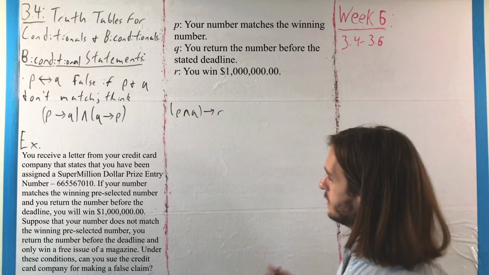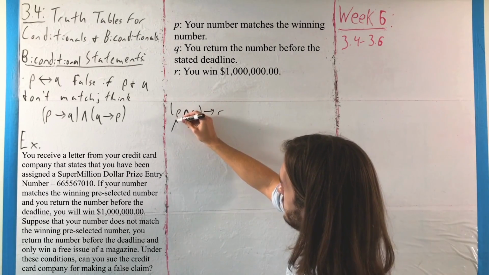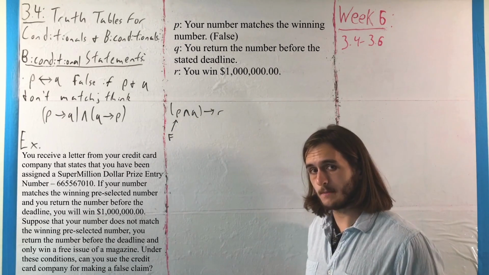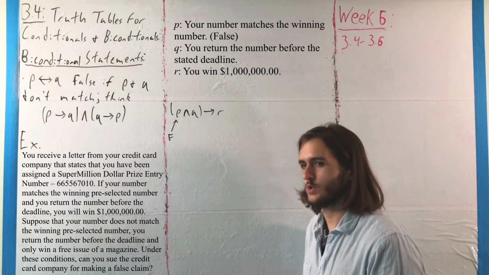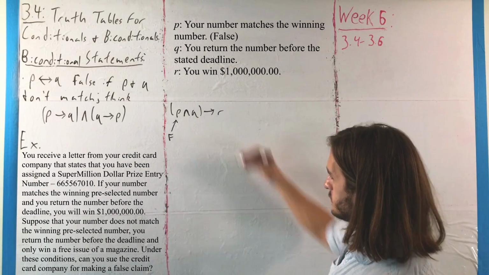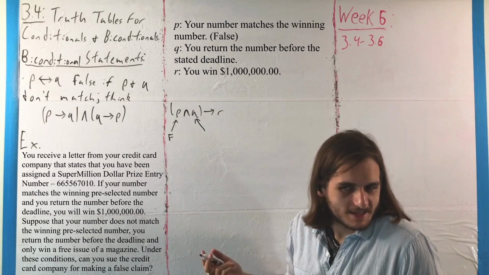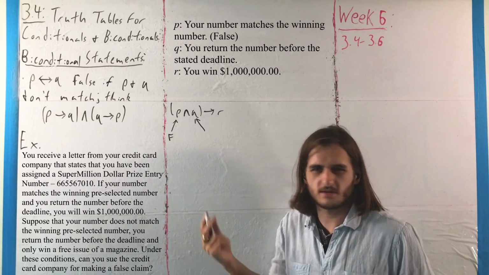Under our assumptions, P is going to be false because your number is not the winning number. Remember, that's what P is there. And then for Q, well, you did get it in on time at least. So it's not what you want, it's not what they want, but hey, you followed the rules.